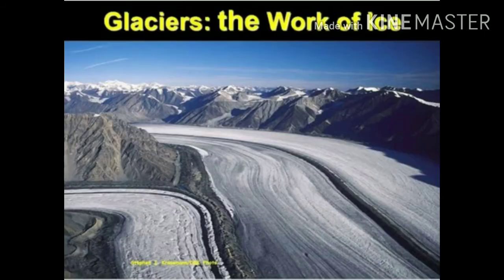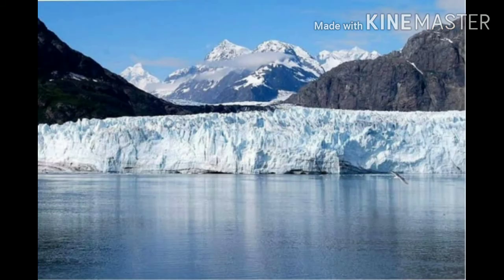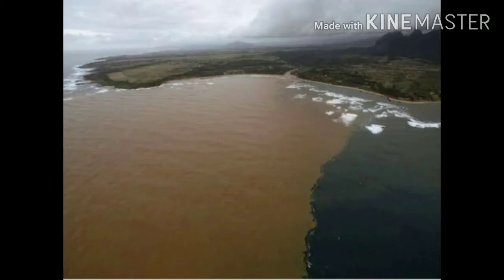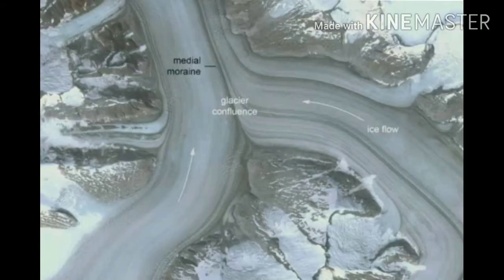As the ice melts, they get filled up with water and become beautiful lakes in the mountains. The material carried by the glaciers, such as rock, big and small, sand, and silt, gets deposited. These deposits form glacier moraines.